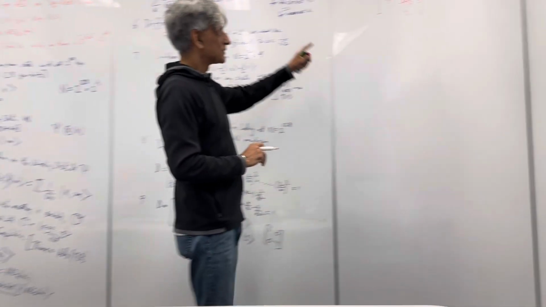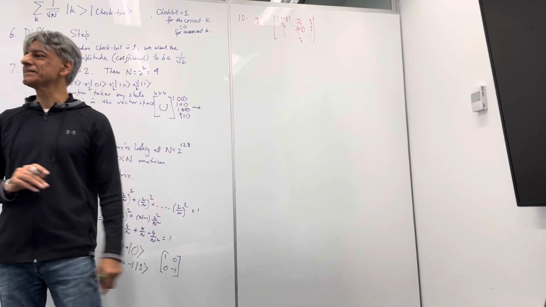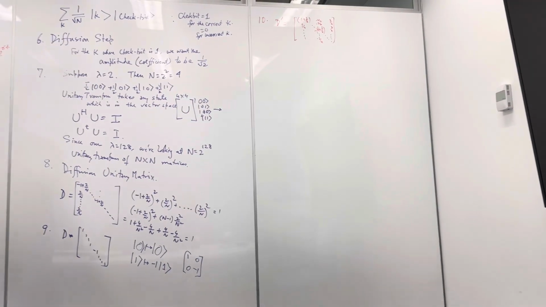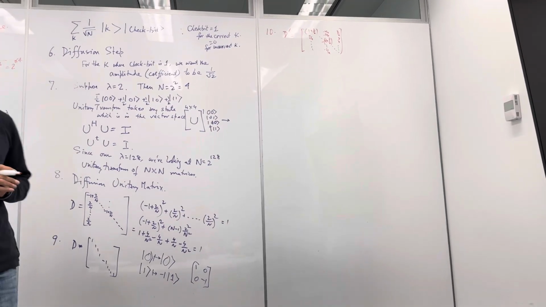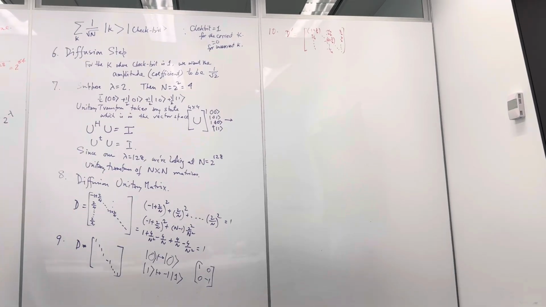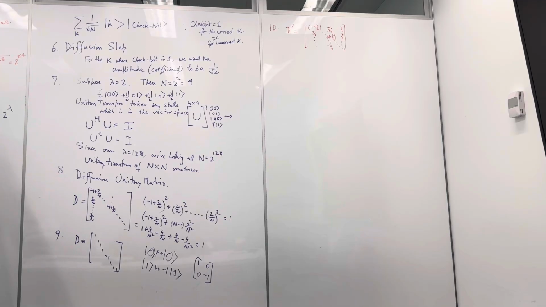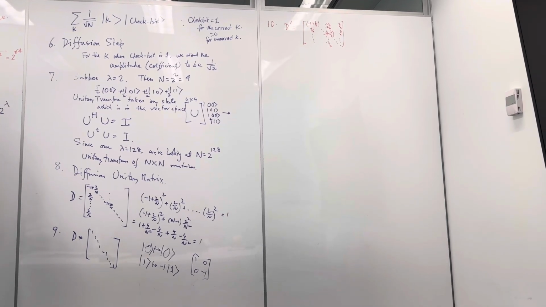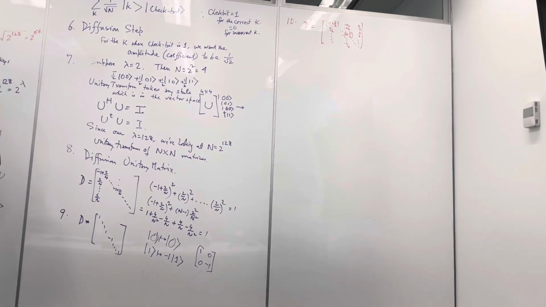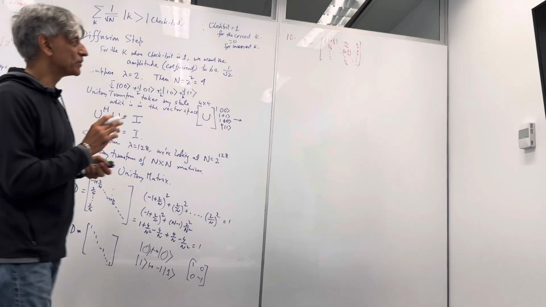So now we have this thing. Let's see what effect it has on the amplitudes. As step one, we'll assume that all the amplitudes are the same, which is 1 by square root N. And then let's see, did it do anything good for our particular k?